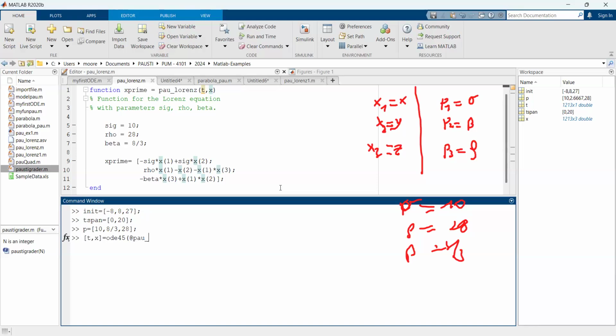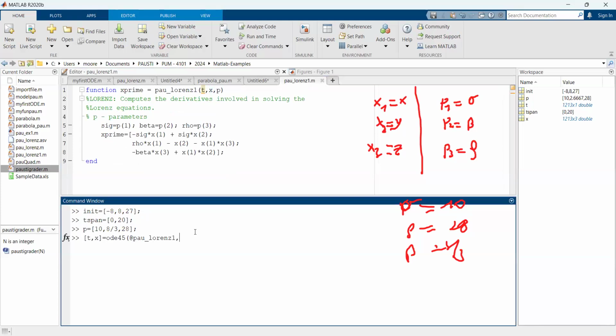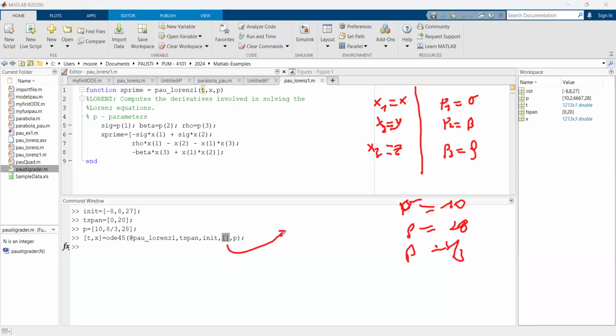Now we have power Lorentz 1, right? So power Lorentz 1, what does it need? We need a T-span, we need the inits, the initial values. Then we put our P here, right? This bracket we put here, which is an open bracket, is purposely because of how the Matlab command for ODE45 is written.